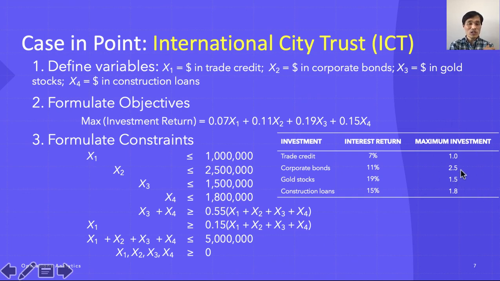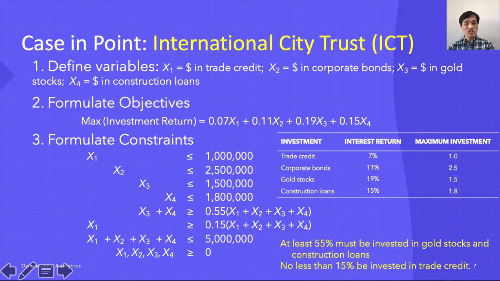And we also learned that we have two additional constraints. At least 55% must be invested in gold stocks and construction loans. And this has to be formulated carefully. So the investment in X3 and X4 must be at least 55% of the total investment, right?